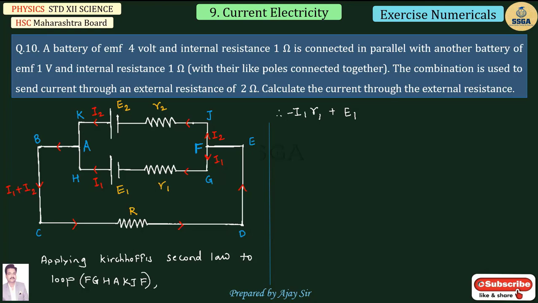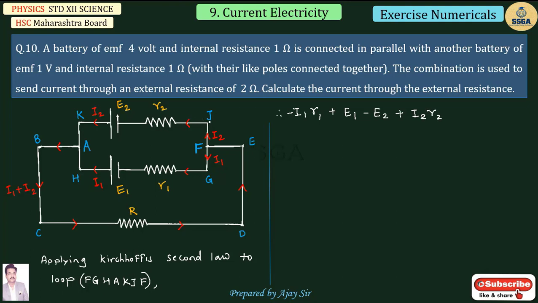The tracing direction is from K to J, so it is from positive to negative, so that's why the EMF is negative. The same current here is opposite to the direction of tracing, so the potential difference is positive, that is I2 into R2.